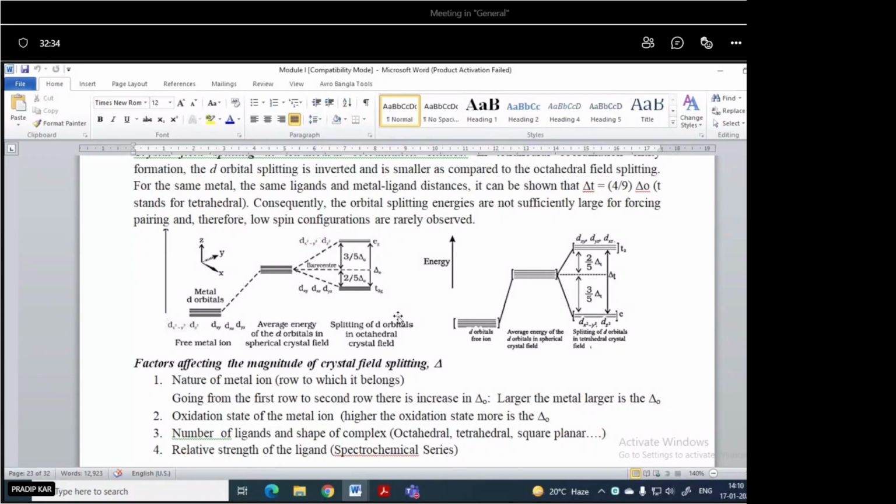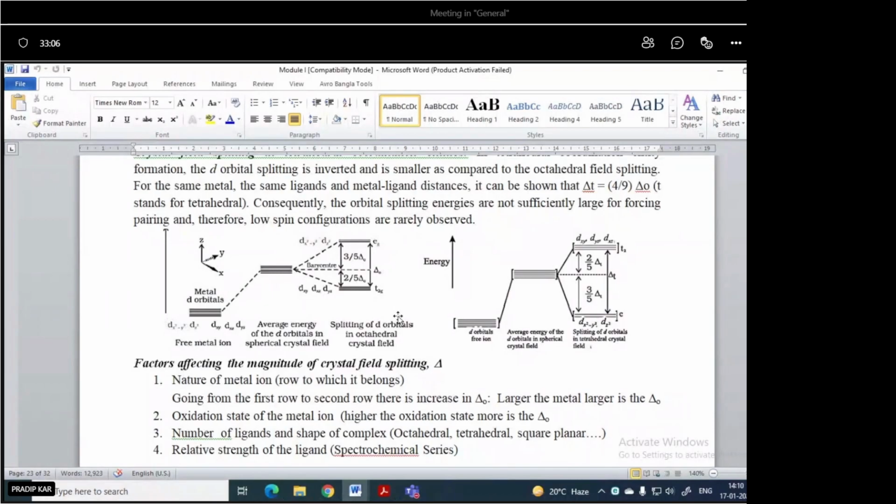And 3/5 is destabilized, with Eg placed in higher energy due to strong interaction with the ligands. Similarly, in the tetrahedral case, the interaction is more with the dxy, dyz and dxz orbitals, which are placed in higher energy, 2/5 of delta T in the T2 level, and E is further stabilized by 3/5 of delta T.